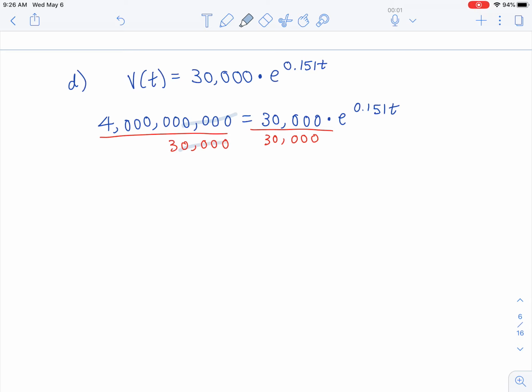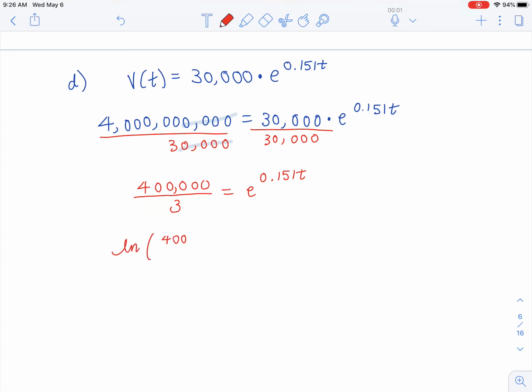If I do that, I can cancel out 4 zeros here and 4 zeros here, and I'll have 2 more zeros. So I will have 400,000 divided by 3 on the left side. And then I will have e raised to the 0.151t.